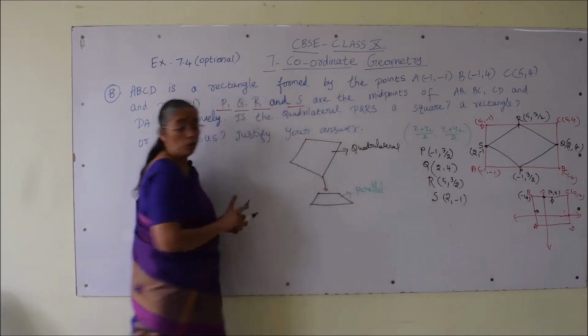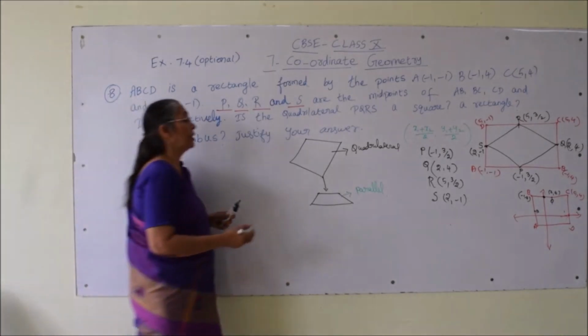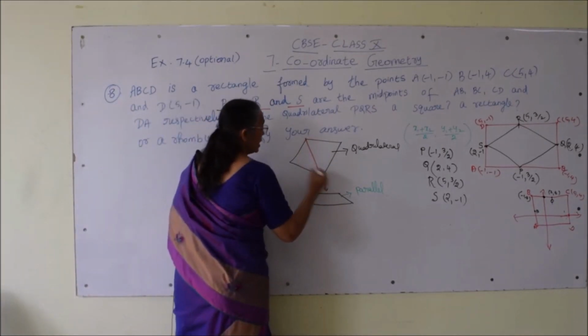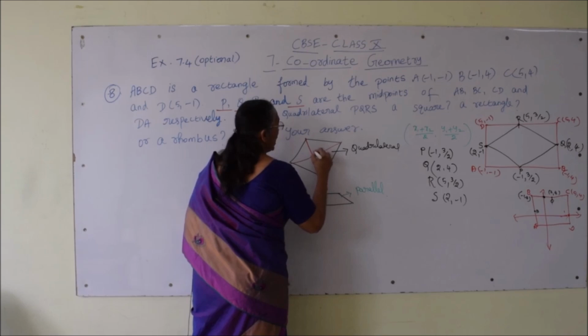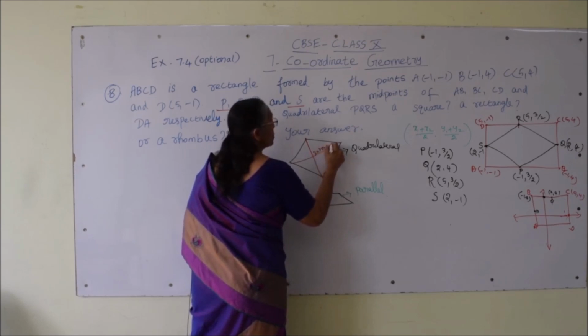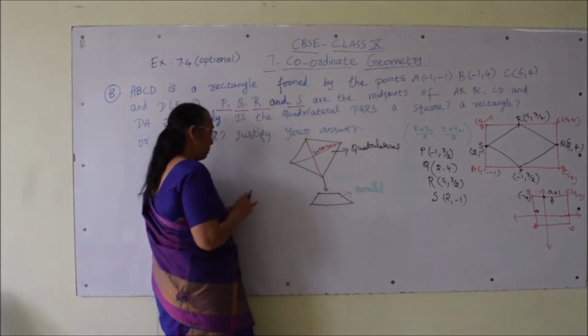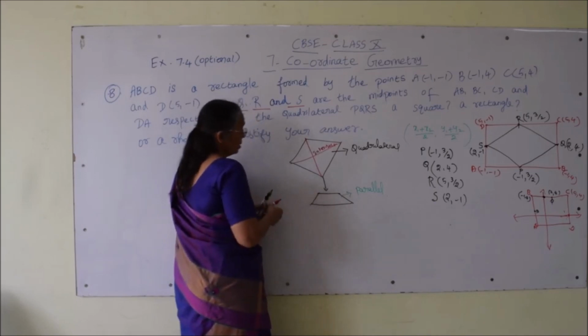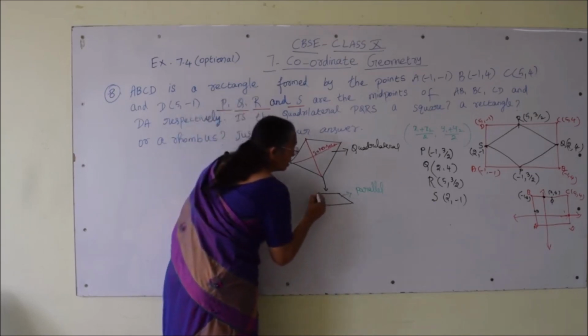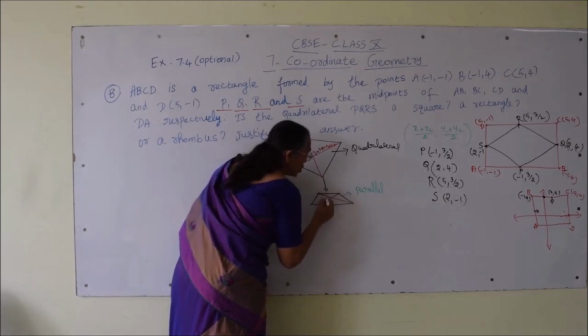In a quadrilateral, what can you say about the diagonals? Diagonals just intersect. Now, coming to a trapezium, the diagonals intersect in a constant ratio. Their ratio will be the same.